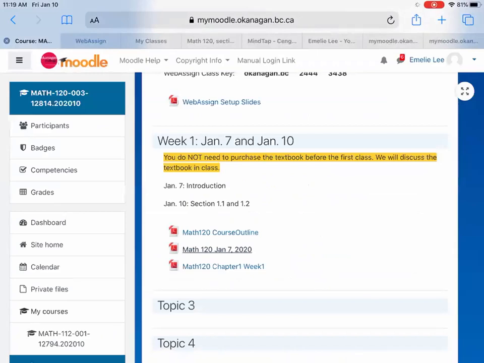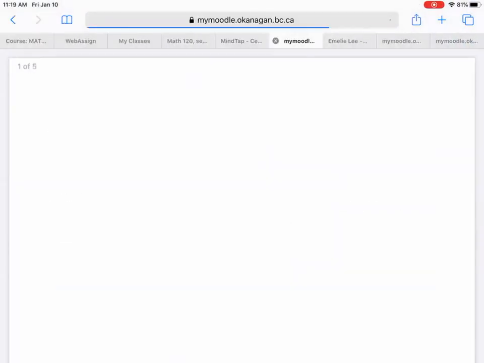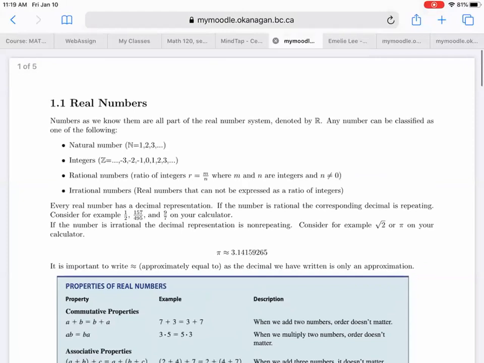Okay? But then I also posted, last night, this chapter 1, and this is the handout that I brought for you. It doesn't look like anyone's working on a tablet, but if you prefer to just work on a tablet, that's totally fine, right? Just let me know and I'll stop printing copies for you.